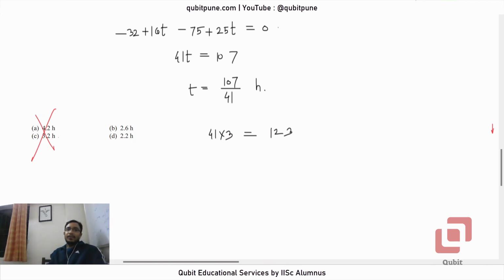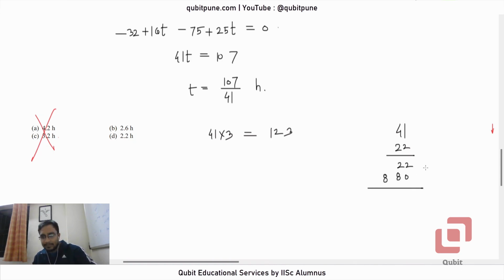Okay, so it is either B or D. Let us try D. Let's multiply 41 by 2.2. That is 90.2.